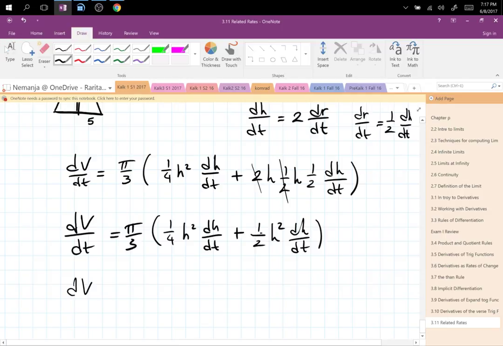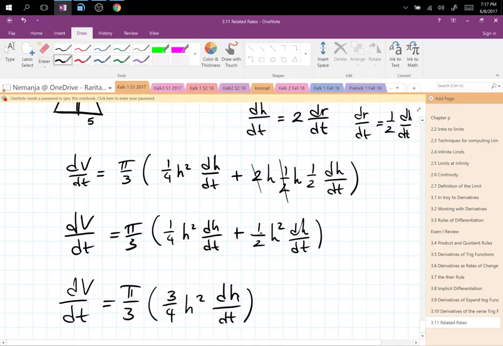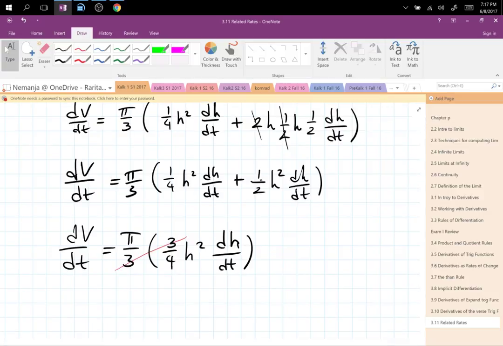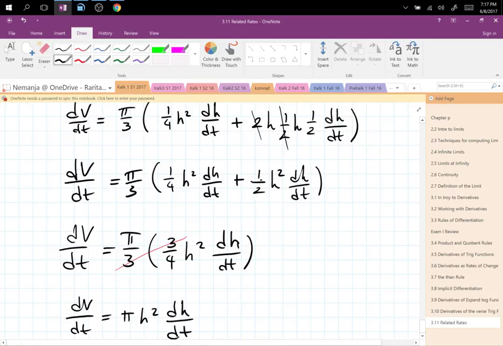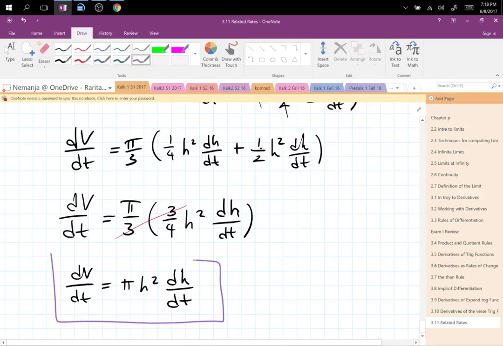So this is dV dt is equal to pi over 3, 1/4 and 2/4 is 3/4 h squared dh dt. 3's die. And look how simple this equation turned out to be. Pi h squared dh dt. Now that is a much better version than the one we had up there.